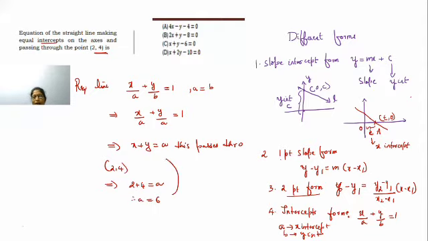Now substitute back in this equation. Therefore, the required line is x plus y is equal to 6. This is the required line. Do we have this option? Yes, we have option C. You take this to the left side, it becomes x plus y minus 6 is equal to 0.